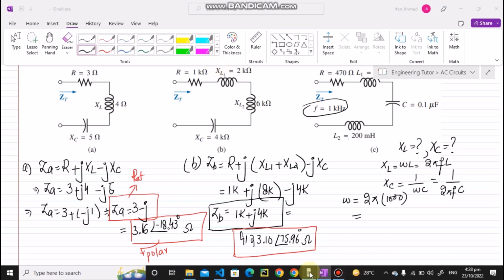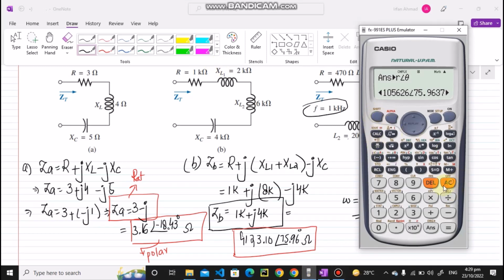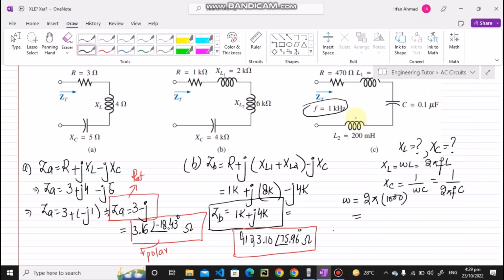So now calculating it, 1000 multiplied by 2 multiplied by 3.14 gives 6280. So omega is 6280 radians per second. From it we can very easily calculate our values, which are XL and XC.